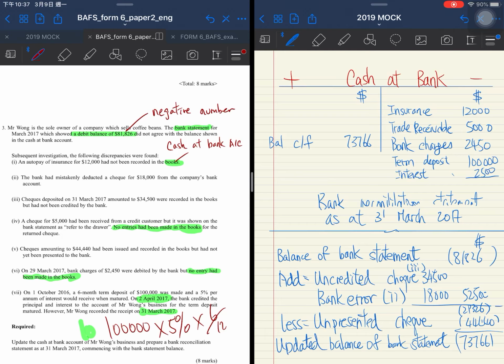So we have 2,500. So we can add the total on the other side of the account.